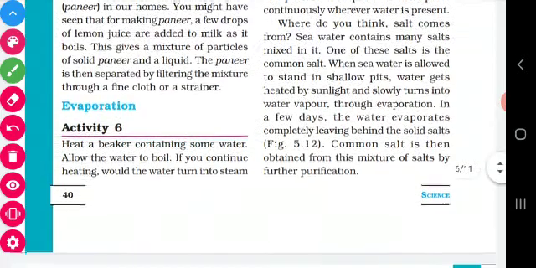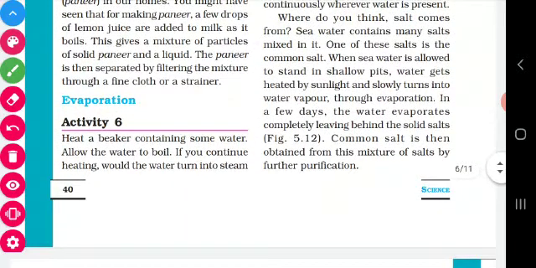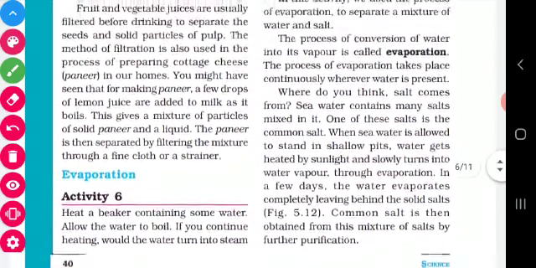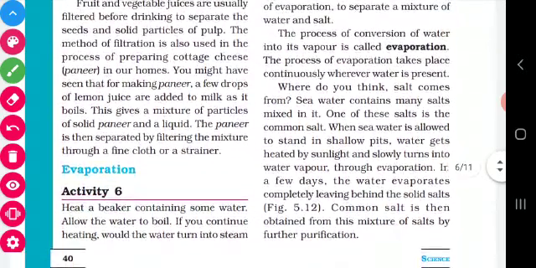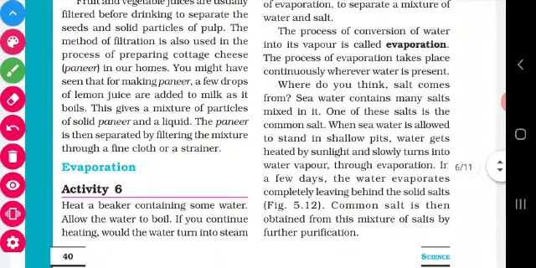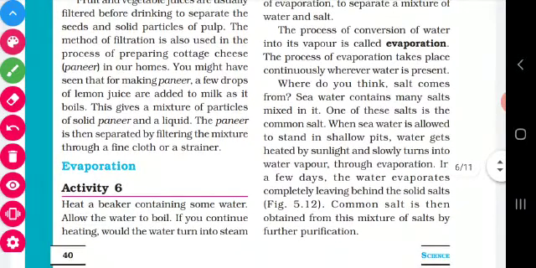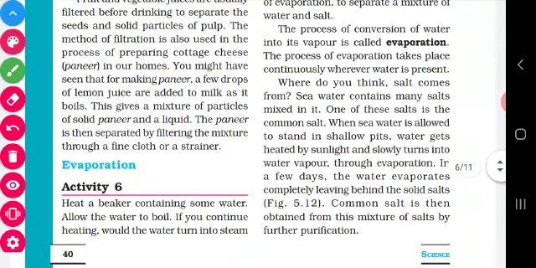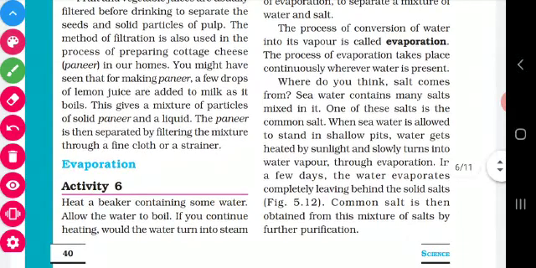So before starting this topic, let us recall what is evaporation. On heating water, the water will be converted into water vapor. So that process is called evaporation.